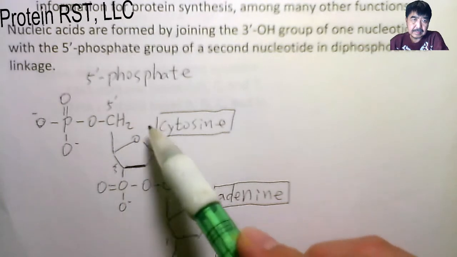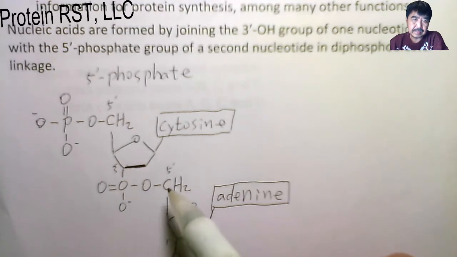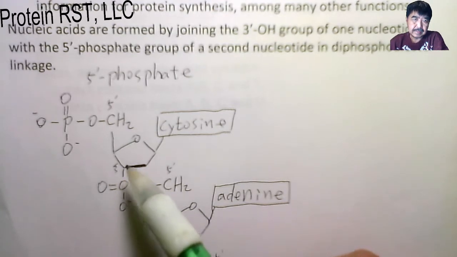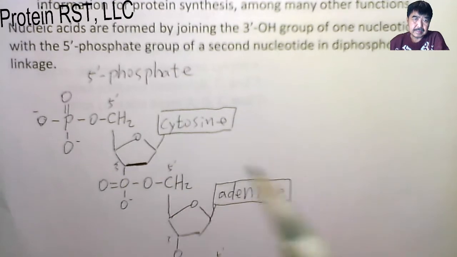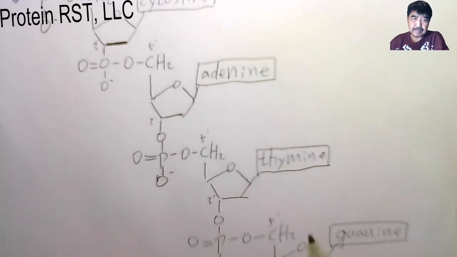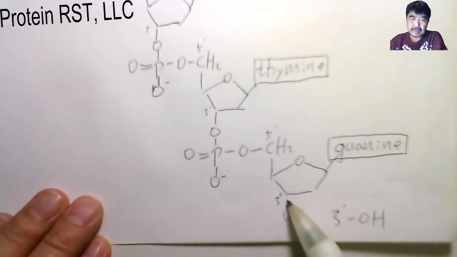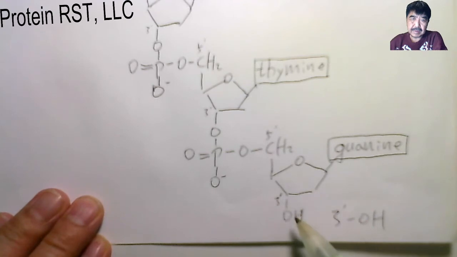This nucleotide's 3' forms the bond here and is linked to the second nucleotide. And this is another one, and another one, all the way to the 3' end. The 3' end has a free hydroxy group.